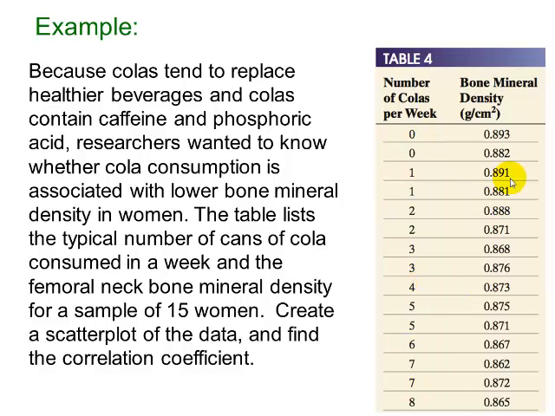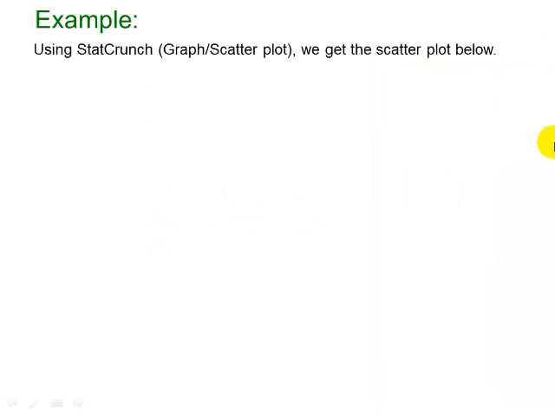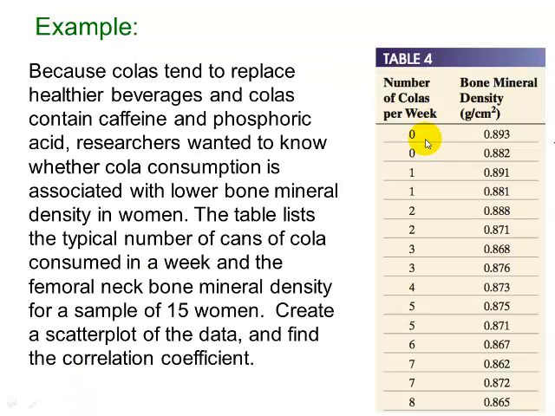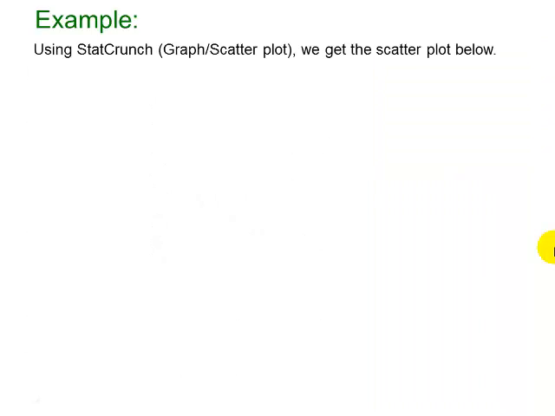So here's our data. Now we can use StatCrunch to create our scatter plot, and to do that we would put these two columns into the data editor in StatCrunch. So the number of colas per week would go into one column, bone mineral density would go into another column, and then in StatCrunch we would do Graph and Scatter Plot.